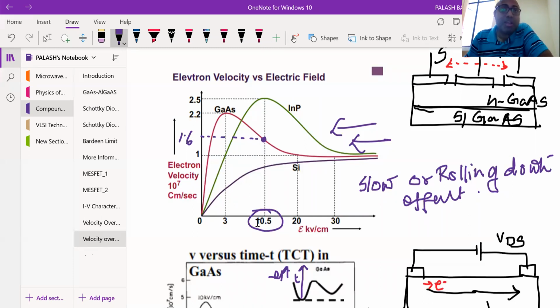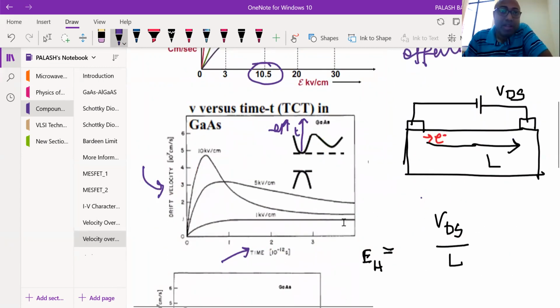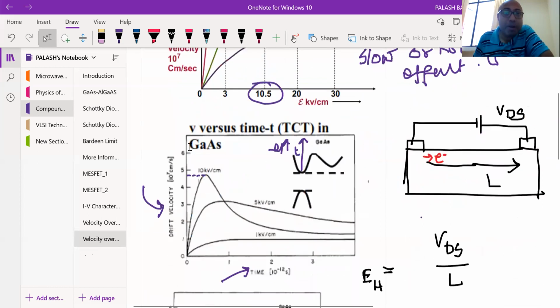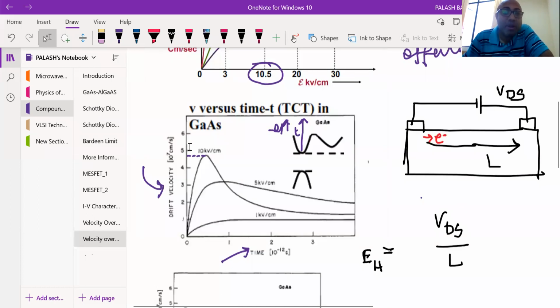But the same thing, if you suddenly give a high voltage, what will happen? Whether 10.5 or 10 kilovolt per centimeter, it doesn't matter, you will see approximately 4.8. If it is a slow effect, the velocity is 1.6 into 10 to the power 7 centimeter per second, whereas here it is 4.8, around 3 times higher, right?